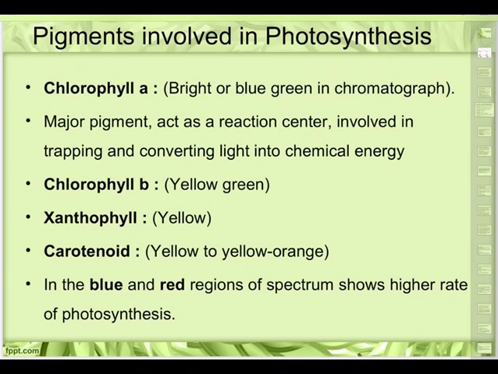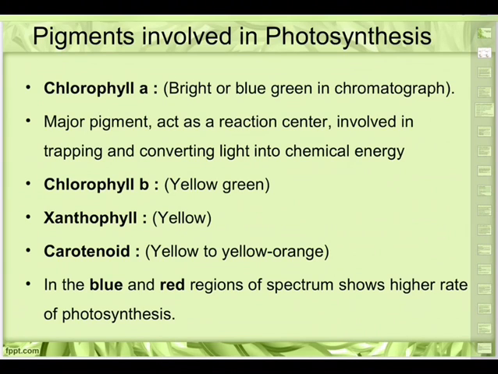You studied this in physics, quantum. The energy content of a quantum is related to its wavelength. Wavelength decides the quantum. Blue and red regions of the light spectrum are the most effective in photosynthesis. You can do experiments about that in our lab; a blue bulb and a red bulb you can use.